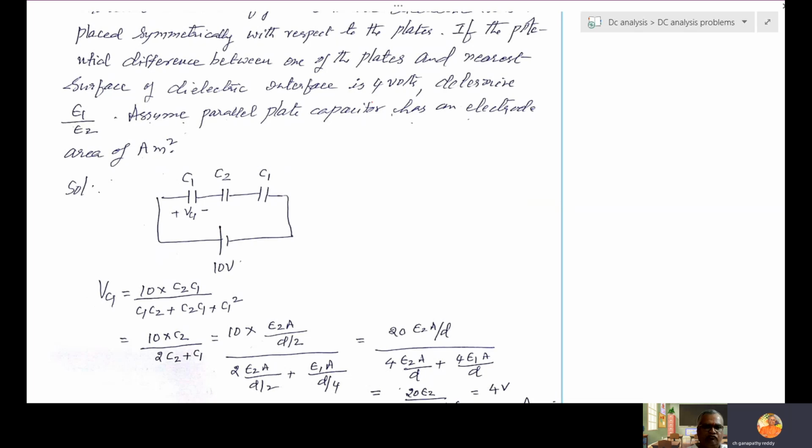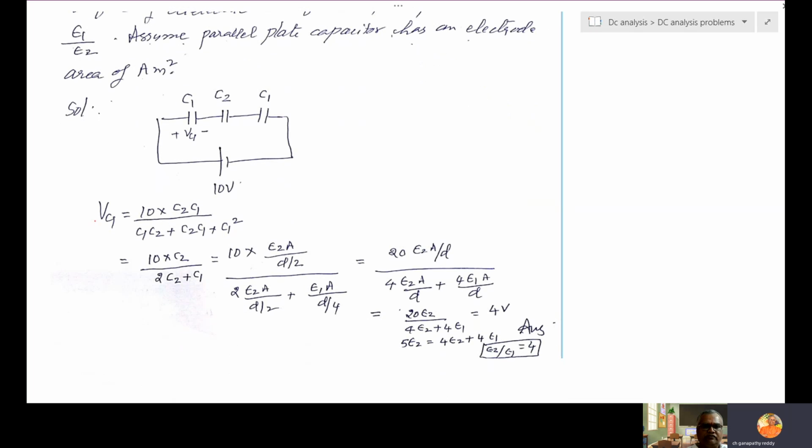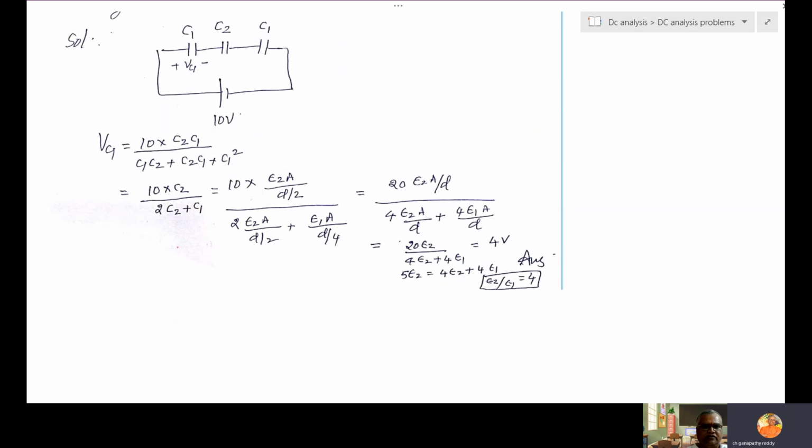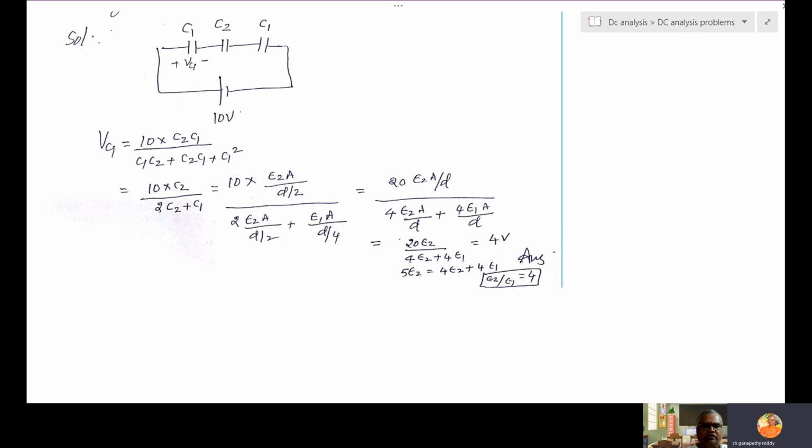VC1 given in the problem is 4. The VC1 formula is 10 into the voltage division formula: C1 C2 by C1 C2 plus C2 C1 plus C1 C1, both are the same, C1 square. Simplify this further: 10 C2 by 2 C1 plus 2 C2 plus C1 will come.